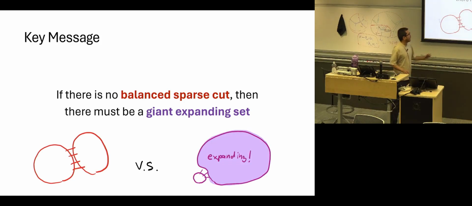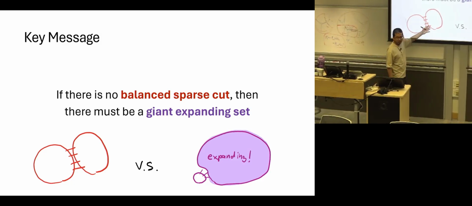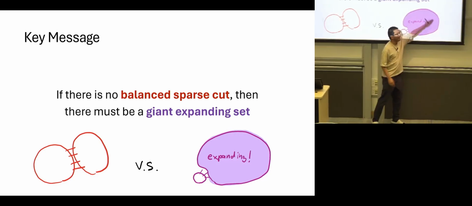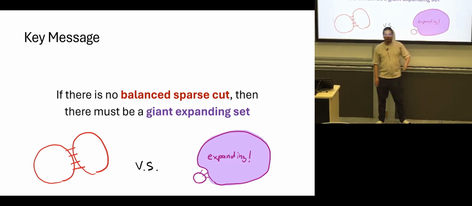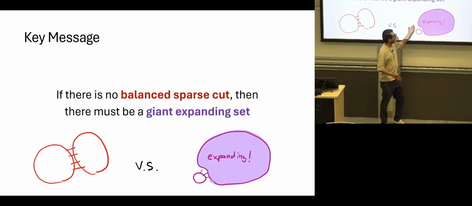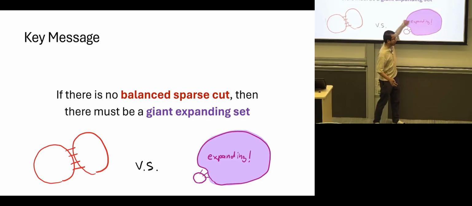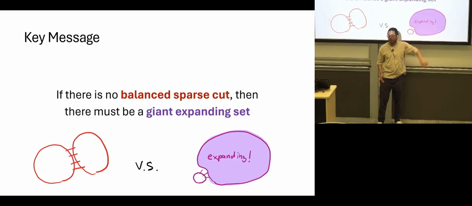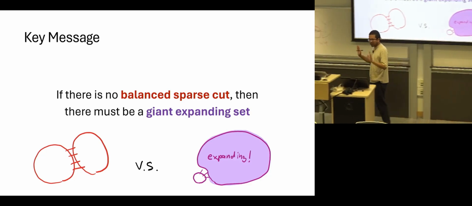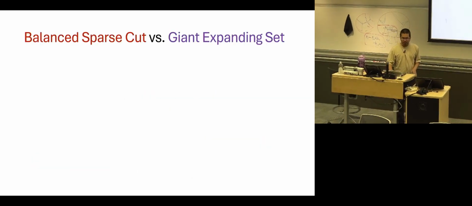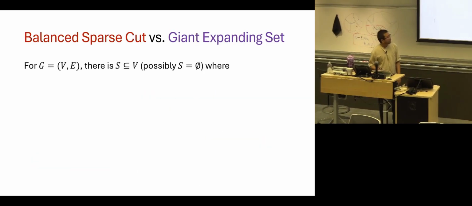In the picture, either there is a balanced sparse cut, or you cannot really cut it, because there is a big expanding set here. That makes sense, because the only reason you cannot find a balanced sparse cut is that there is some big expanding set that you cannot cut through. That makes sense intuitively, but let's prove it formally.